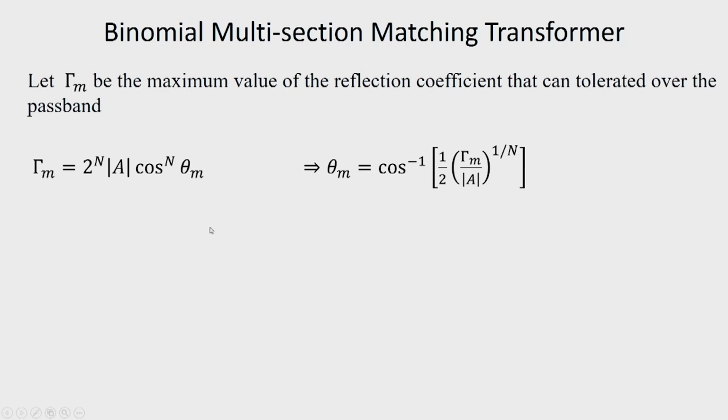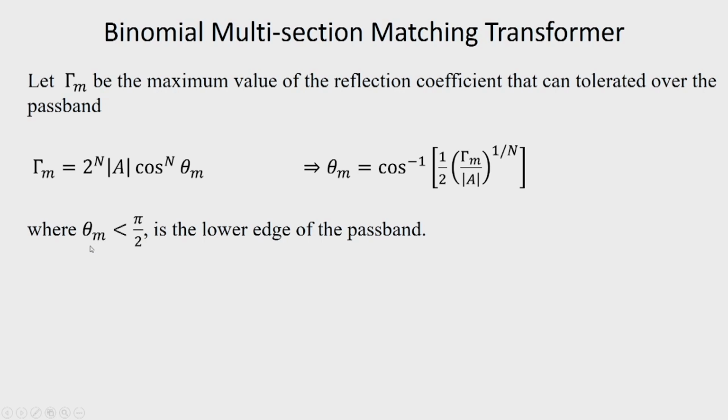Then we can write gamma m is equal to 2 to the power N times modulus of A times cos raised to the power N theta m, and from there we can find out theta m corresponding to that value of gamma m, and we know that the reflection coefficient will increase on either side of the design frequency, for which we have theta equal to pi by 2.